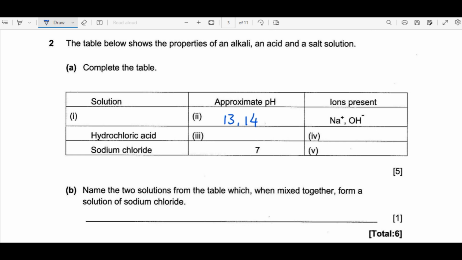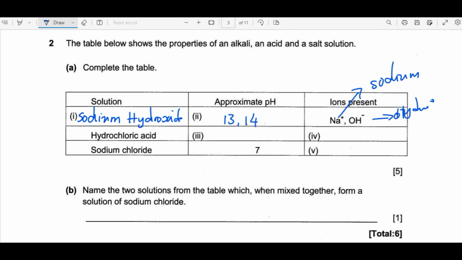Then the solution will be sodium hydroxide. So this is our sodium, then we have this hydroxide. This is what I've used in order to come up with the solution. Then we move on to hydrochloric acid. Hydrochloric acid is a strong acid as well.